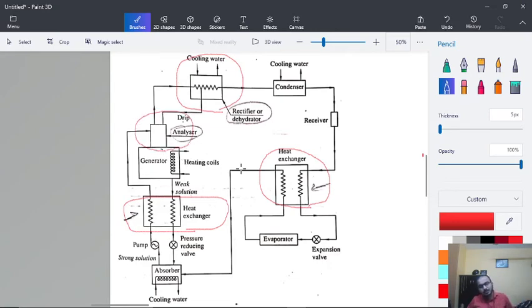So these are the four components which are different from the simple ammonia water system.